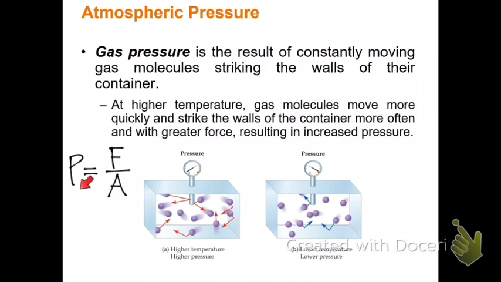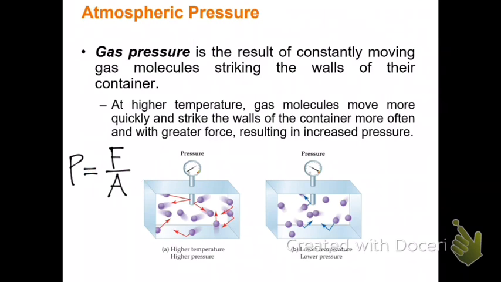In this equation, pressure is directly proportional to force, so increasing force increases pressure. With area, it's inversely proportional. So if area decreases, then pressure increases, and vice versa. You increase area, you decrease pressure because you're dividing it by a larger value.